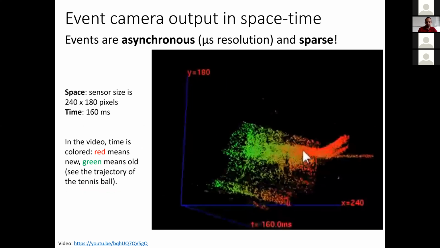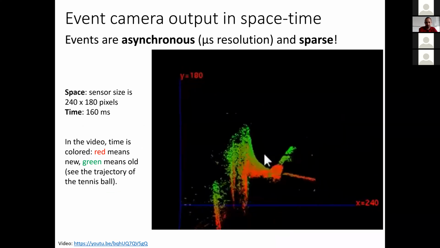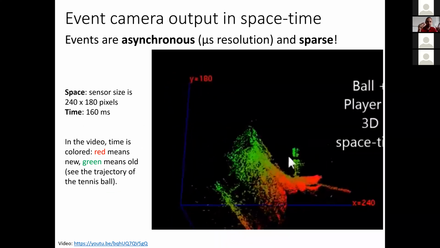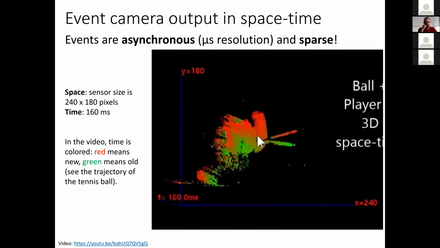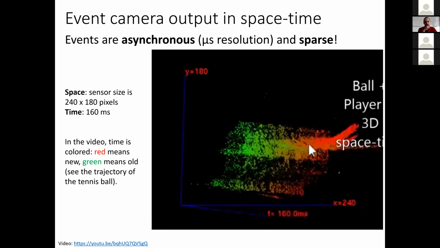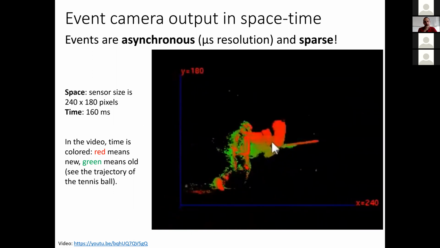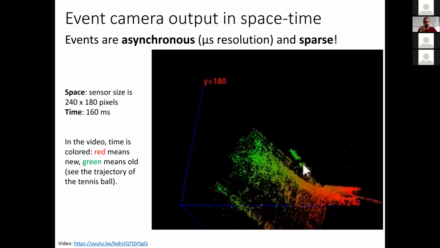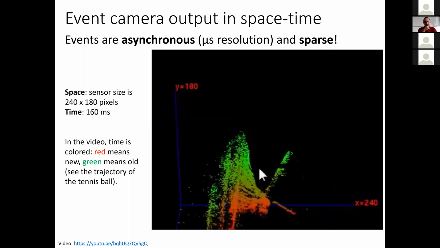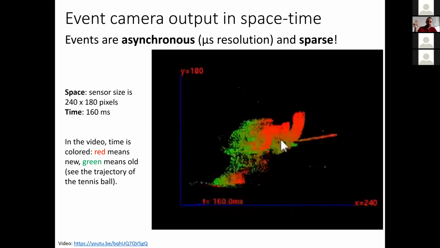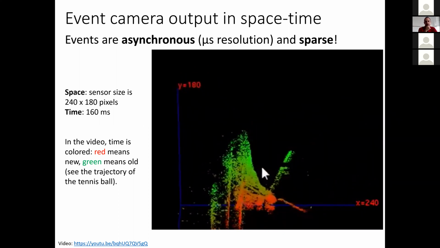So if we try to visualize what the signal looks like in space-time and the image plane, here we have a camera with 240 by 180 pixels, and we are visualizing 160 milliseconds of data, and the color represents time. So green is old time, as you can see from the trajectory of the ball, and red means recent time. We can actually see more or less the silhouette of the tennis player.